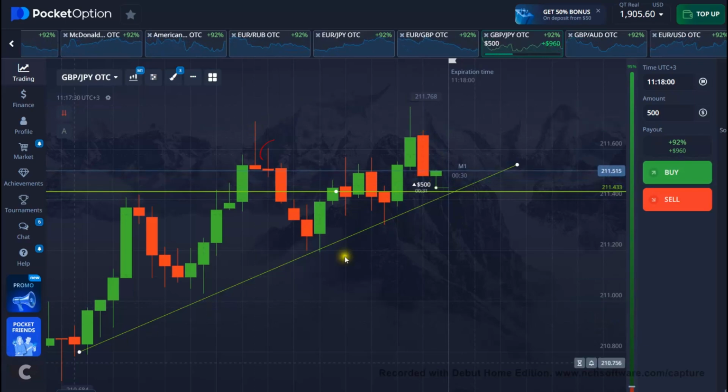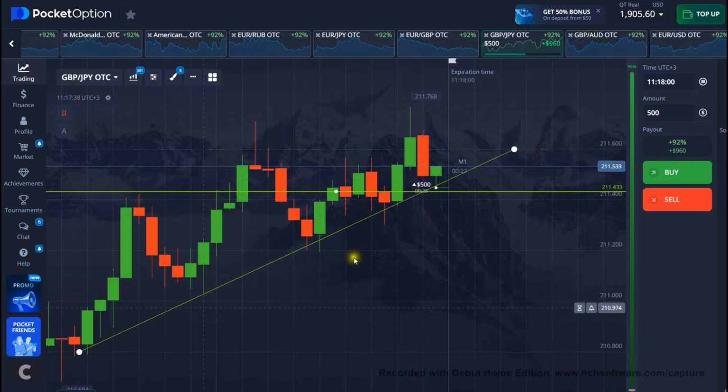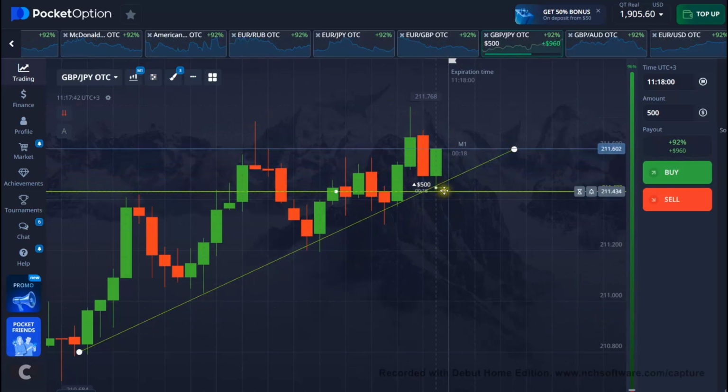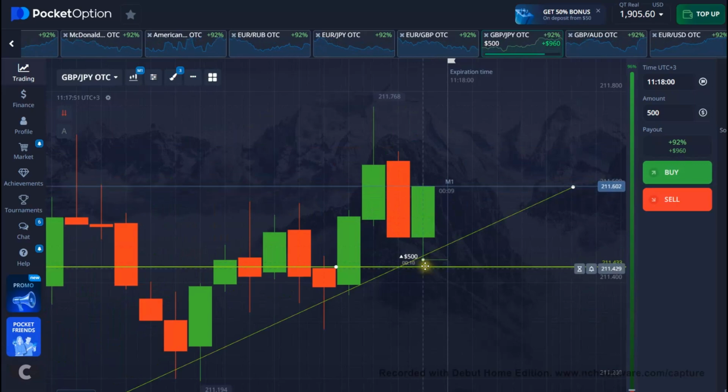We also have this trend line indicating that the market is moving in an uptrend. It wants to keep on going up. As you can see, the trend line was hit. Okay, you should always wait for the market to get to your horizontal line, but I took the trade and let's see how it closes.